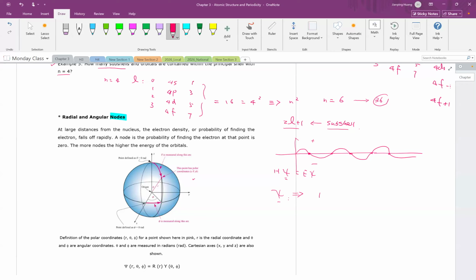One is related to the radius, the size. Another one is related only to the angle. So we have 2 different types of nodes. The one related to the size is called the radial node. Radial nodes depend on n and L. Now, the node related to the angle, we call the angular nodes.